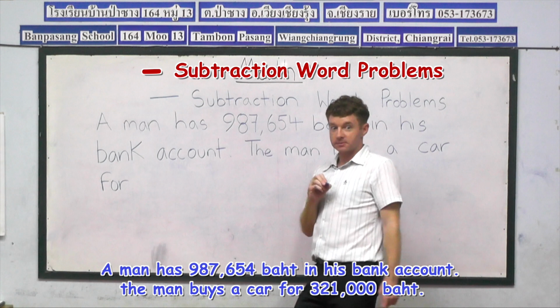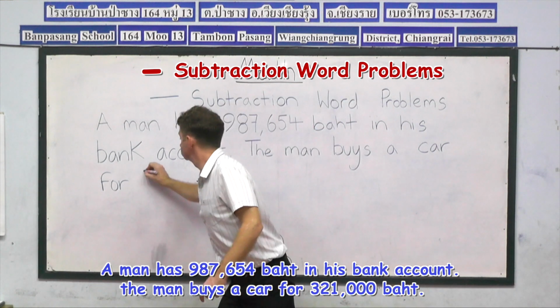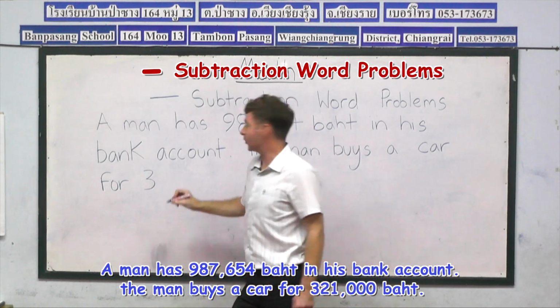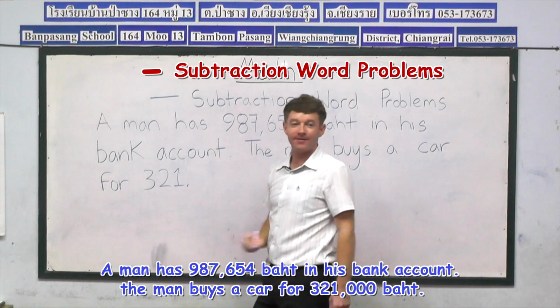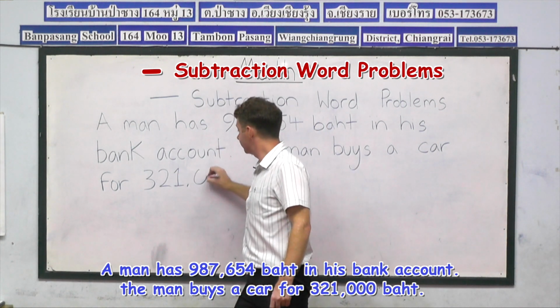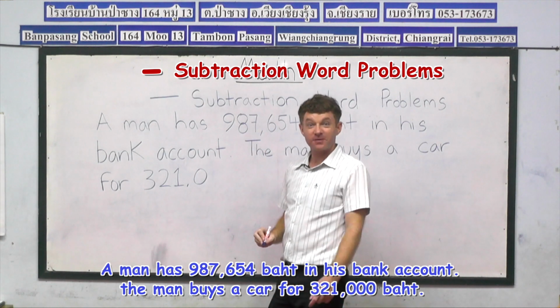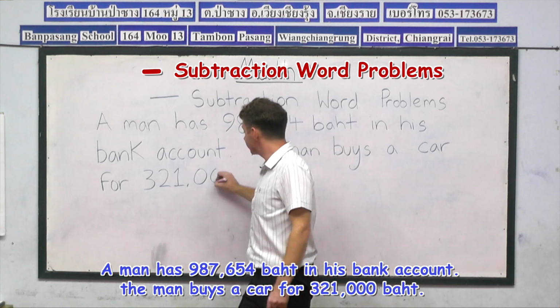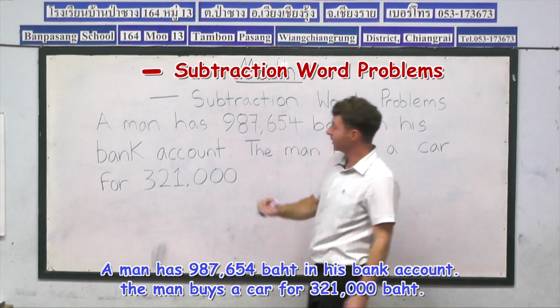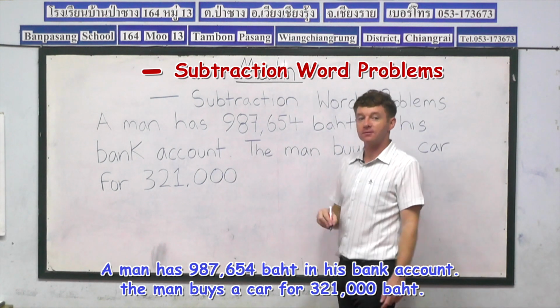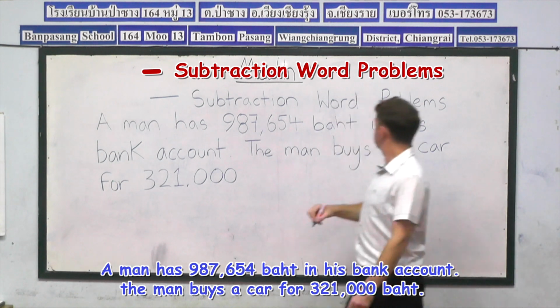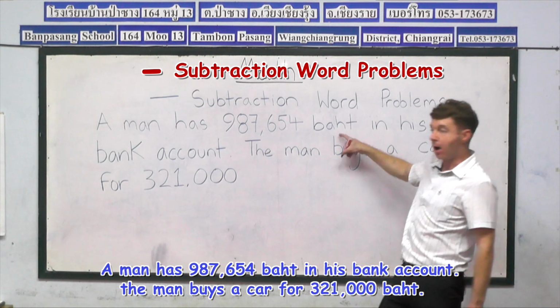I need some numbers. 3, 2, 1, 0, 0, 0. Okay, 321,000 baht.